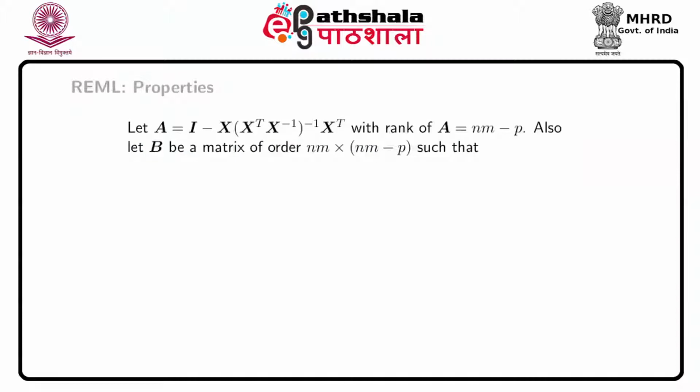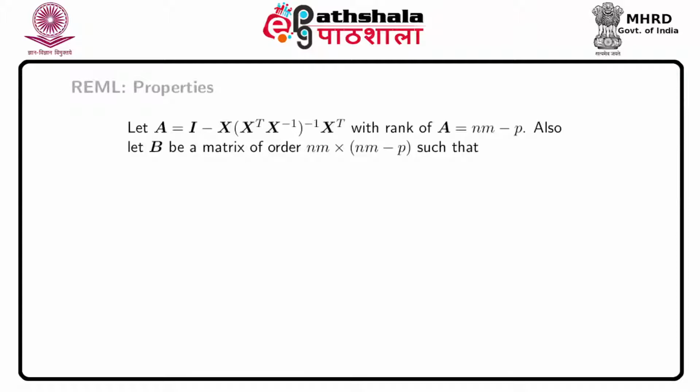Now to investigate the properties, assume A is I minus X (X transpose X) inverse X transpose. Note that the latter term, X (X transpose X) inverse X transpose, is called the hat matrix. Now the rank of A is N minus p.